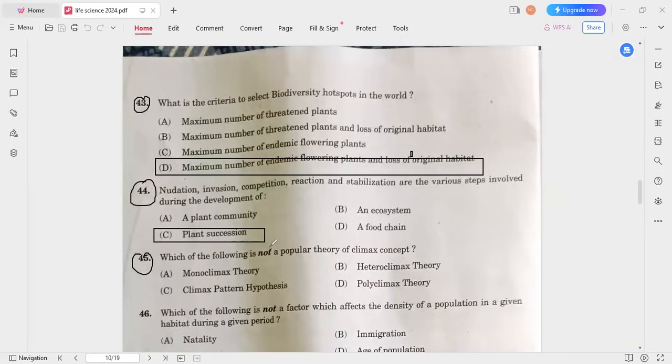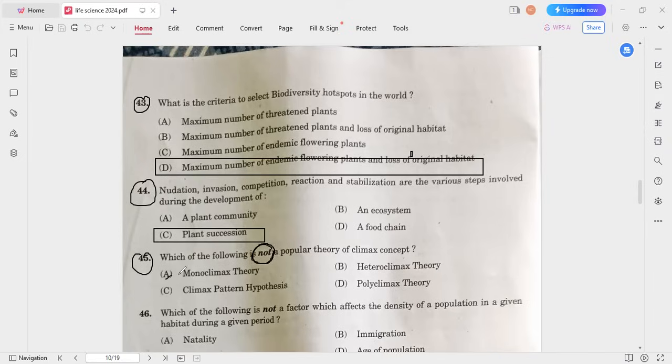Which of the following is not a popular theory of climax concept? We have to select the incorrect one. So here, the climax pattern theory is recognized as a variety of climax governed by responses of species populations to biotic as well as abiotic conditions.